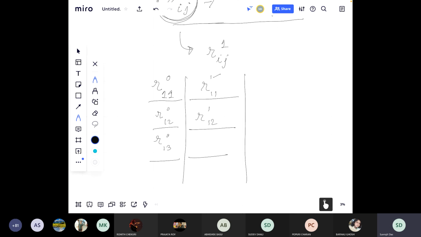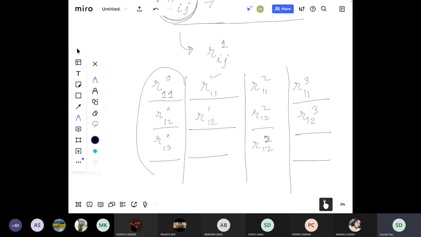Then you go for calculating R112, R122, R123, and then based on that you calculate R113, R123, like this. Got my point?